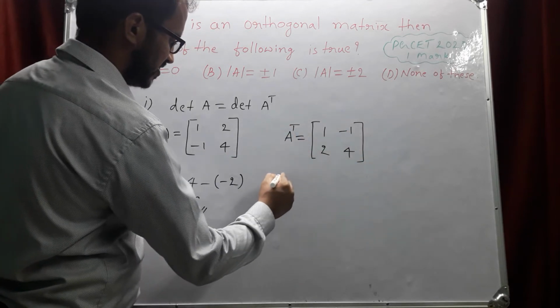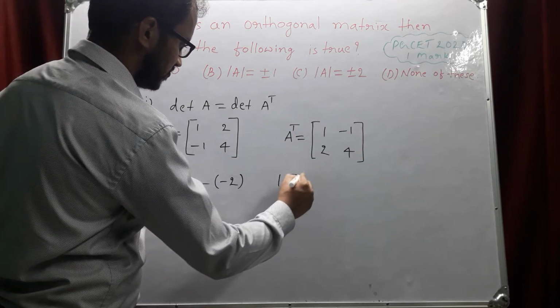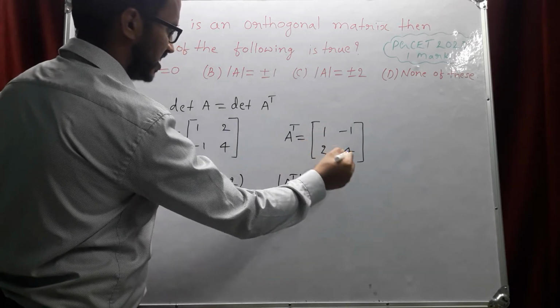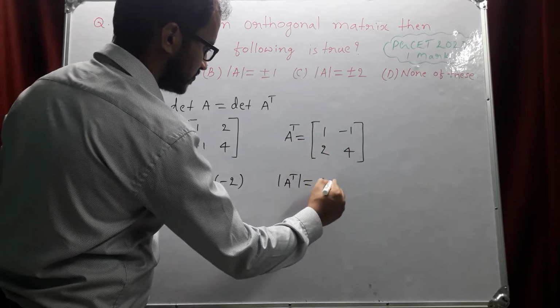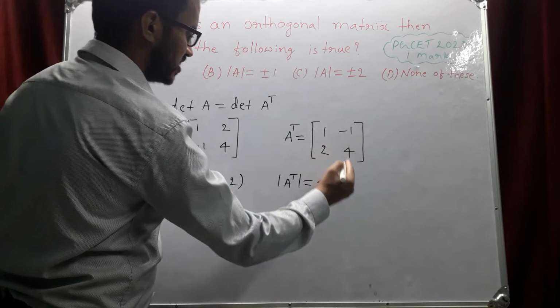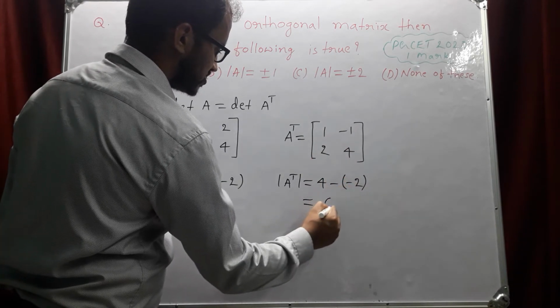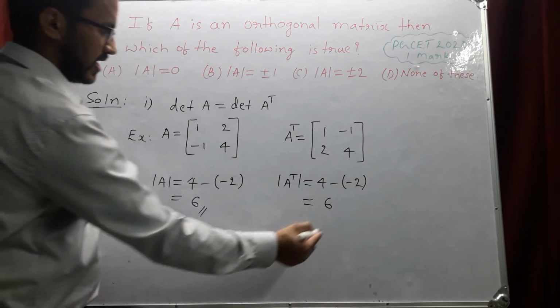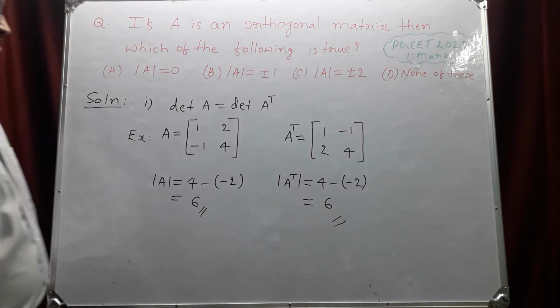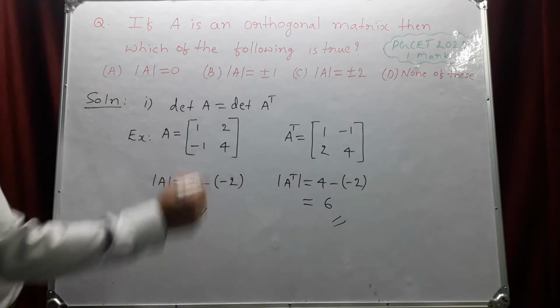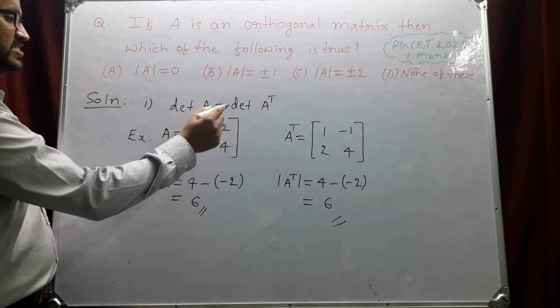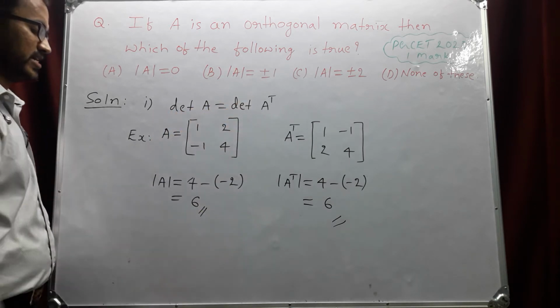Now determinant of A transpose is again 1 into 4, that is 4, minus minus 1 into 2, that is minus minus 2, so again 4 plus 2 becomes 6. Clearly, we can conclude that for any square matrix, determinant of A is the same as determinant of A transpose.